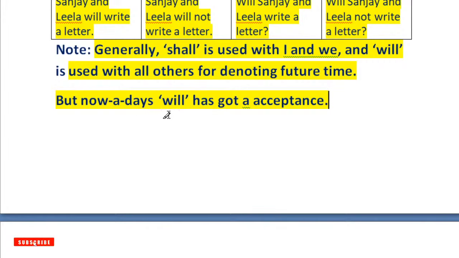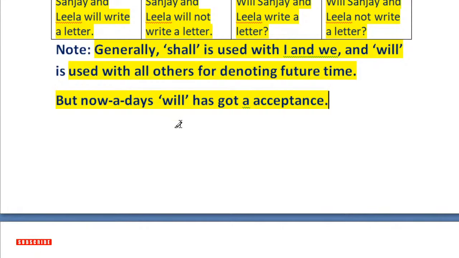So you must know the use of shall and will both. Since it is a bit confusing, many people have started avoiding the use of shall. They only use will, but it is not good. Shall and will both should be used, both have their own values.